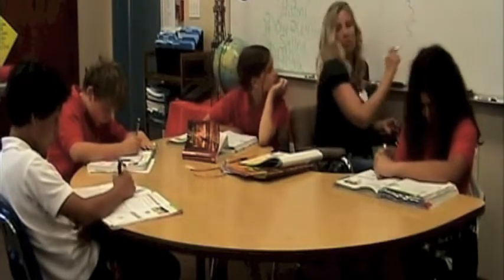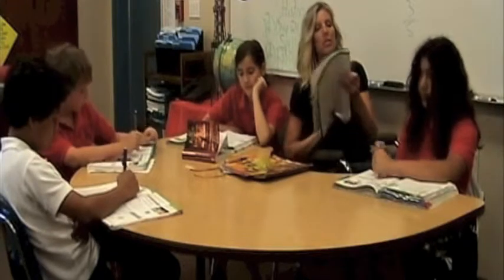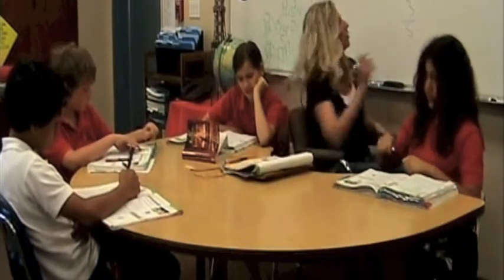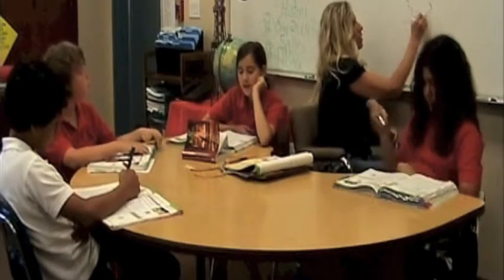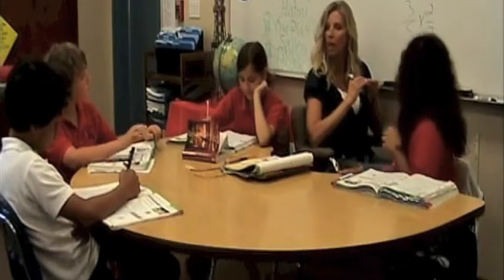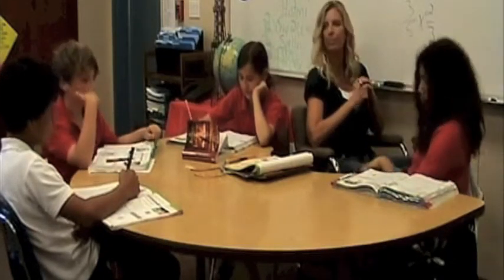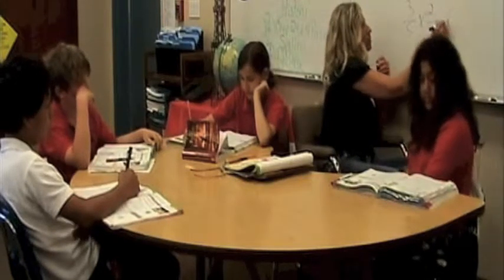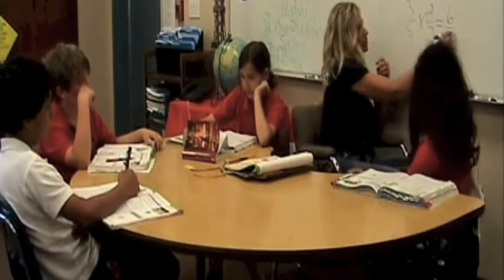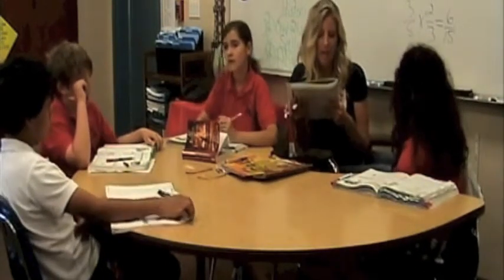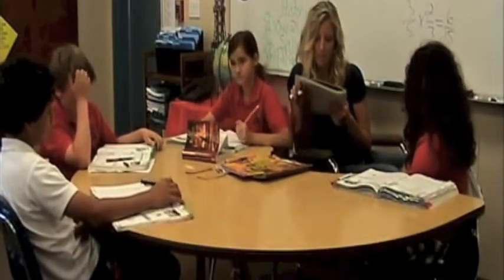It says 3/5 cup of water, and it uses 2/3 of that, right? Okay? So how would I work this out, Diego? Okay, so 6/15. And can that be simplified?